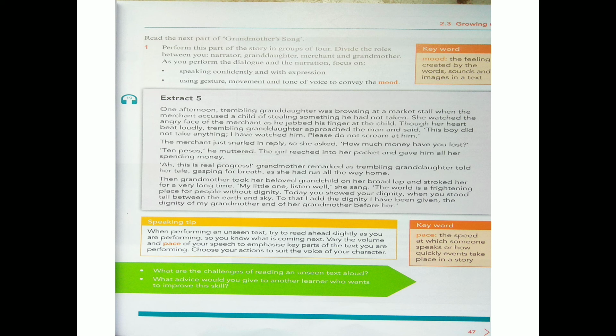Okay, so this you'd have to take note of if you are acting the extract. Now, the key word there, pace. The pace is the speed at which someone speaks or how quickly events take place in a story. The speed at which it goes, that is called the pace, or the pace at which somebody speaks. Could be fast or slow.